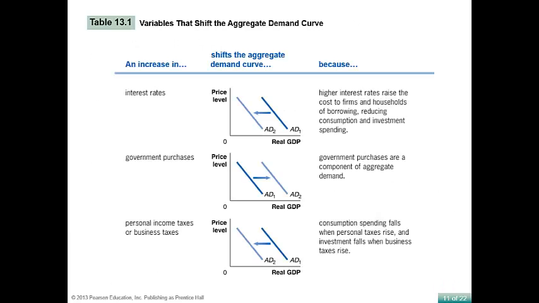Table 13.1 in Chapter 4 will outline variables that will shift the aggregate demand curve and the reasons for it.